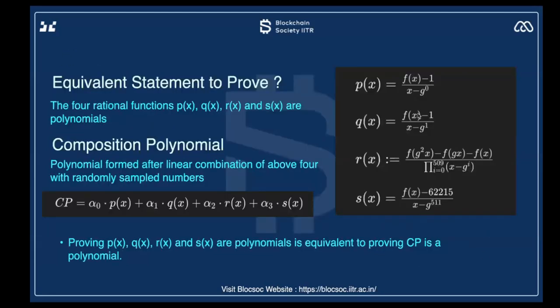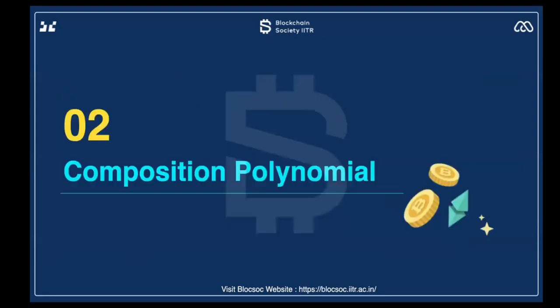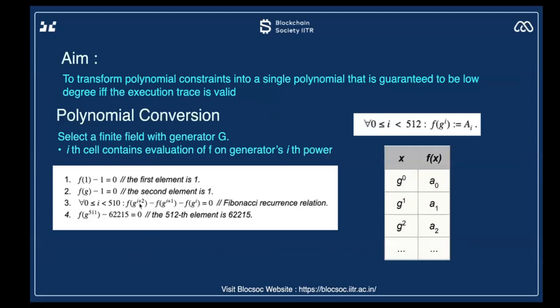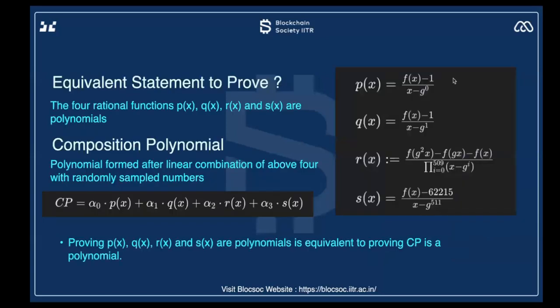This f(x) we built on the execution trace was satisfying this set of polynomial constraints. So if we put x equal to 1 in this constraint, we get the constraint that f(1) equals 1. And you can see that if you substitute x equal to 1 here, then the denominator becomes a divisor of the numerator.